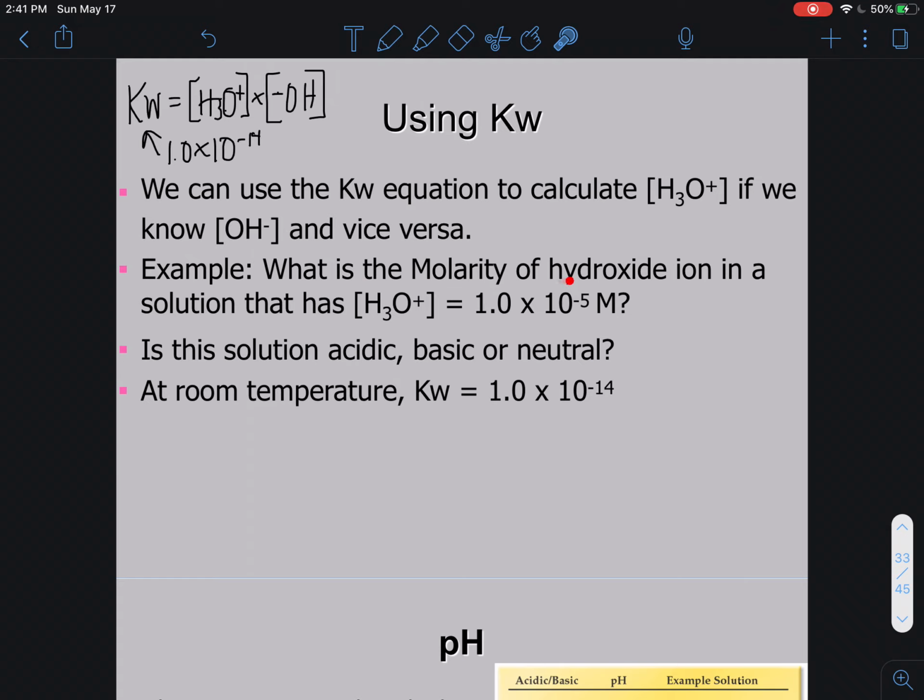So what is the molarity of a hydroxide ion in a solution that has H3O plus equal to 1.0 times 10 to the negative 5? So again, if we know KW, which we do, make sure this is KW here.